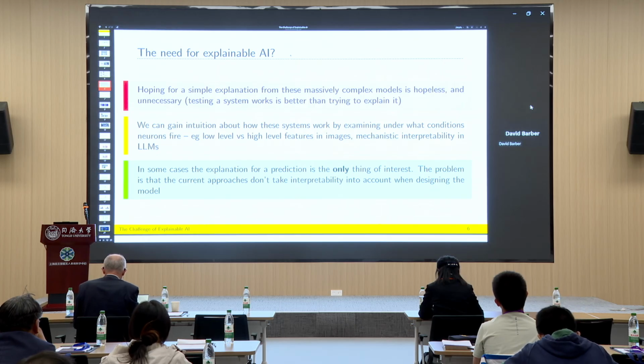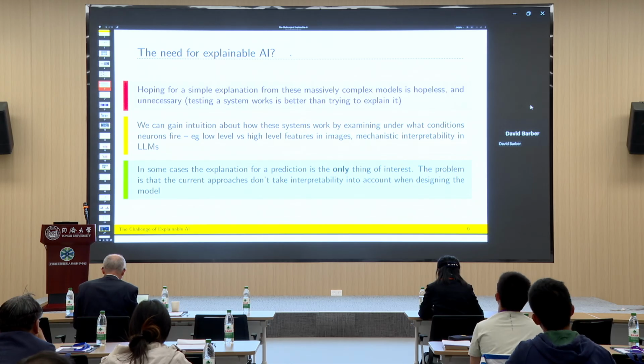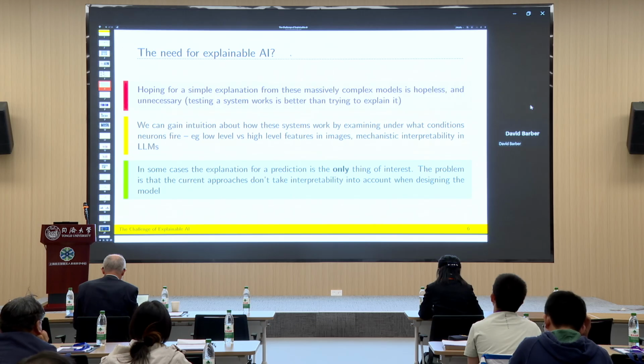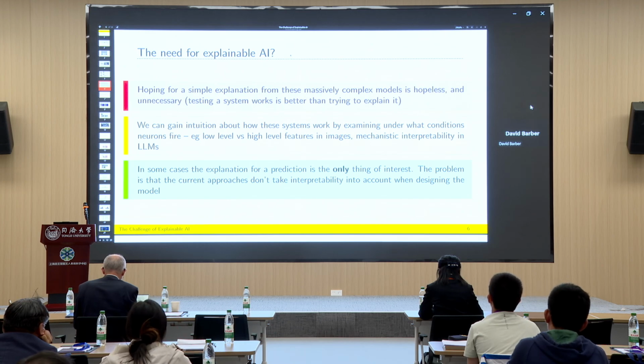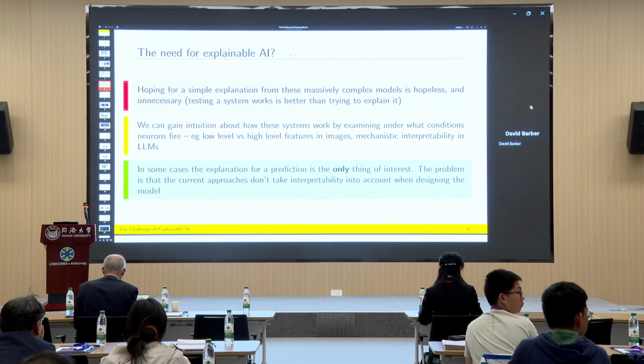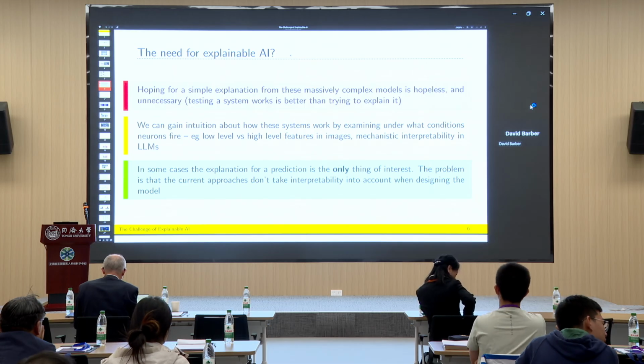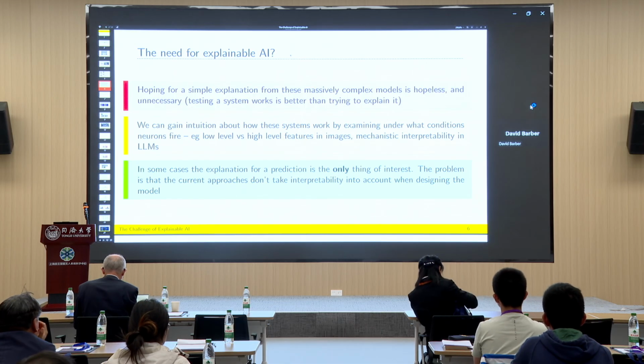For example, we've learned from image systems that low-level features tend to be learned close to the input, and high-level features tend to be learned close to the output layer in these deep networks. And similar efforts are underway using mechanistic interpretability and things like LLMs, although I think that's also quite controversial as well.